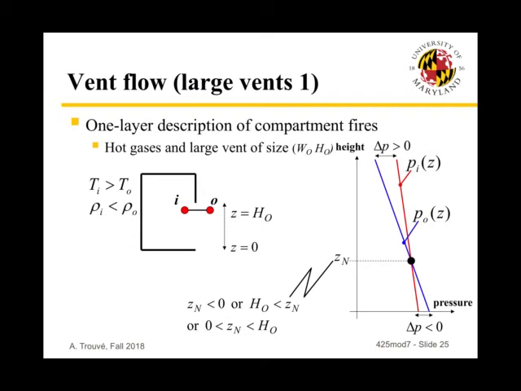Then we are going to look at the opposite situation where Z neutral is greater than HO. And that will correspond to a situation where the pressure inside is lower than the pressure outside, and we're going to have an inflow of fresh air through the entire vent. And finally, look at the possible steady-state situation where the neutral plane elevation is between 0 and HO, and we can have both inflow and outflow.